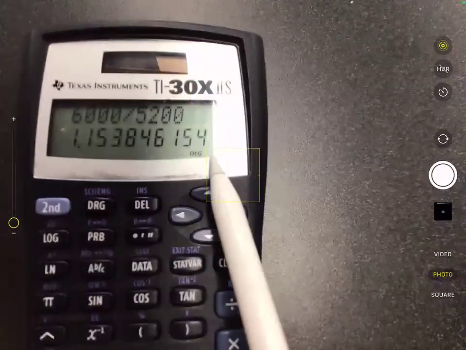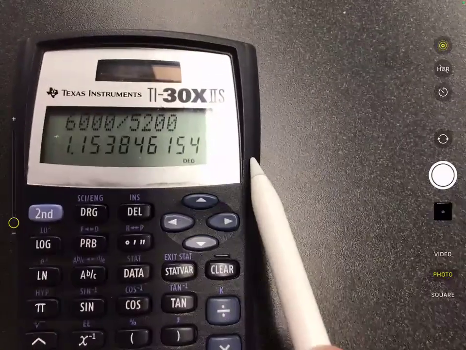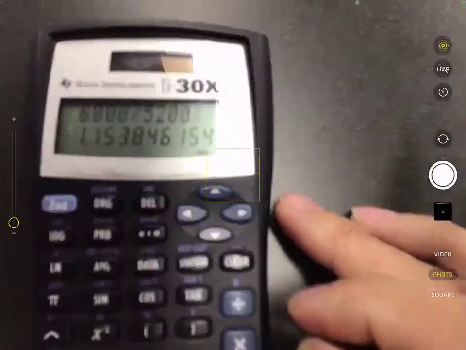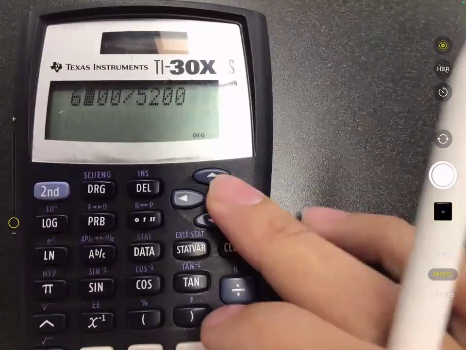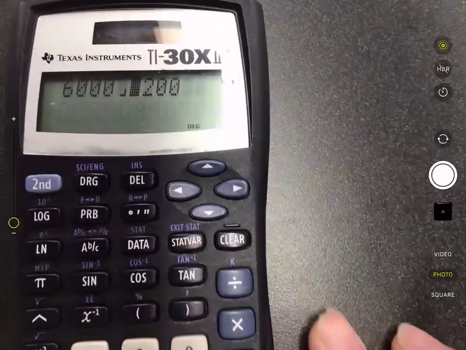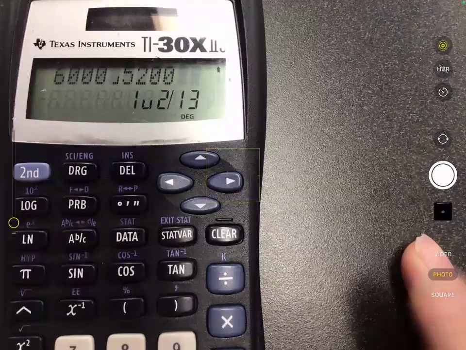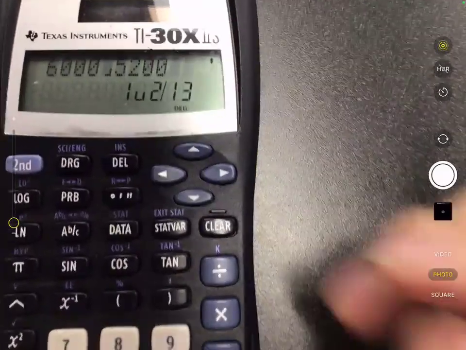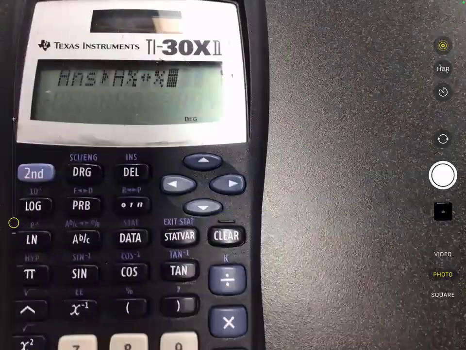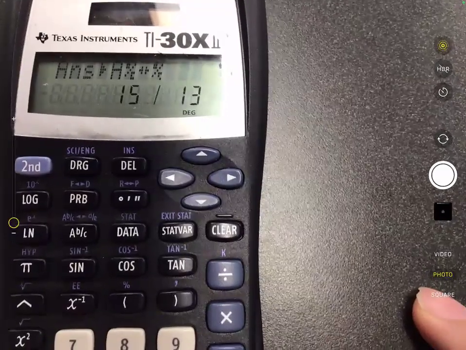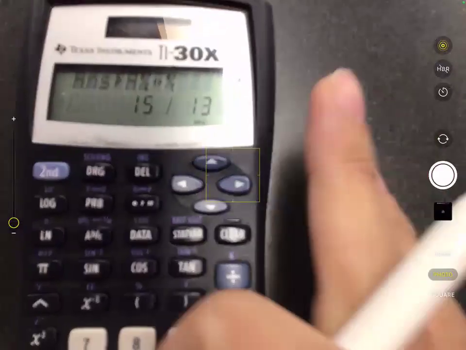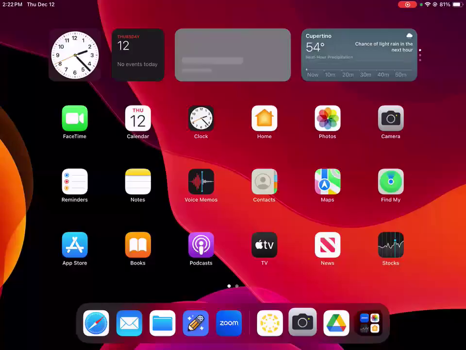Even if I write every single digit, that's still not exact. The numbers go on forever. Okay, so instead of doing the decimal, I can just keep it as a fraction, right? Or I can reduce it. Okay, so the mixed number would be 1 and 2/13, but the improper fraction would be 15/13. Okay, so let's reduce the left side to 15/13.